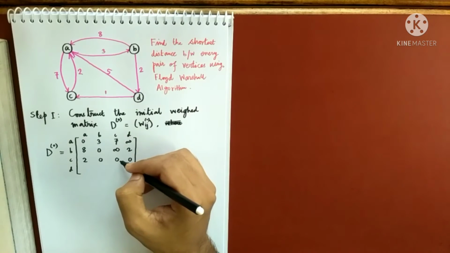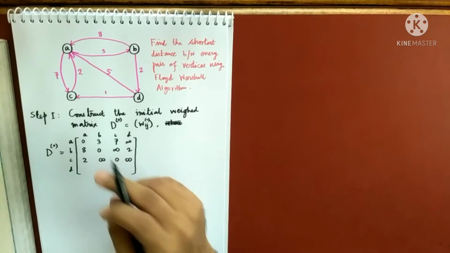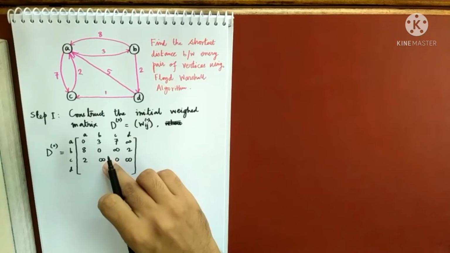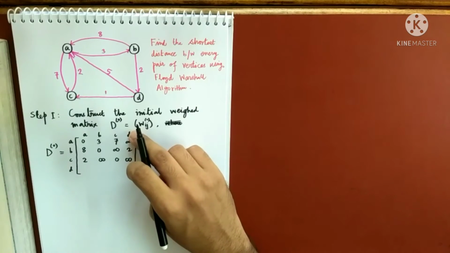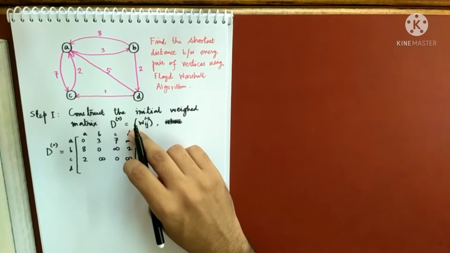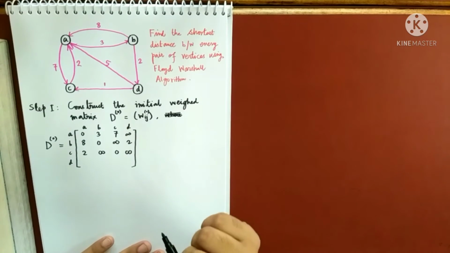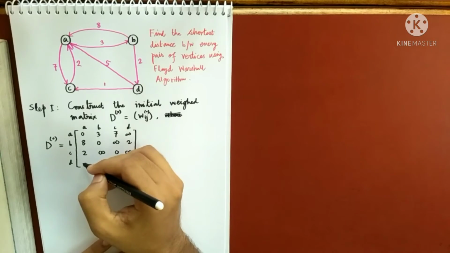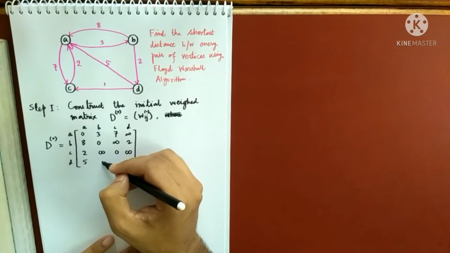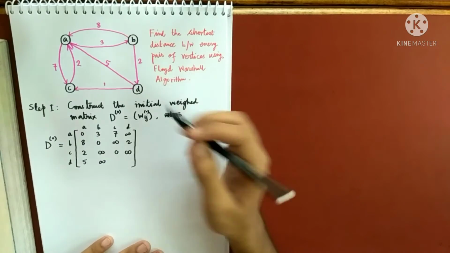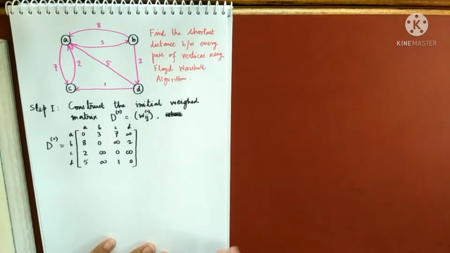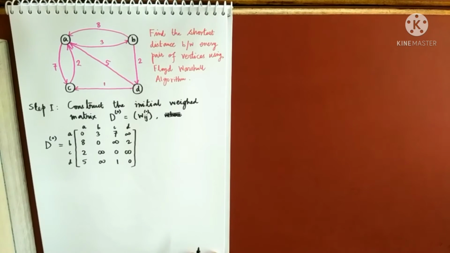So C to C will be 0, but C to B will be infinity, because there is no direct edge, and C to D is infinity because I cannot see any direct edge from C to D. And lastly, D to A is 5, D to B I do not see any direct edge, D to C is 1, and D to D is 0. So this is how you construct a weighted matrix, as already explained in the last class. So this is your initial weighted matrix. I hope you have no doubt understanding the initial weighted matrix.